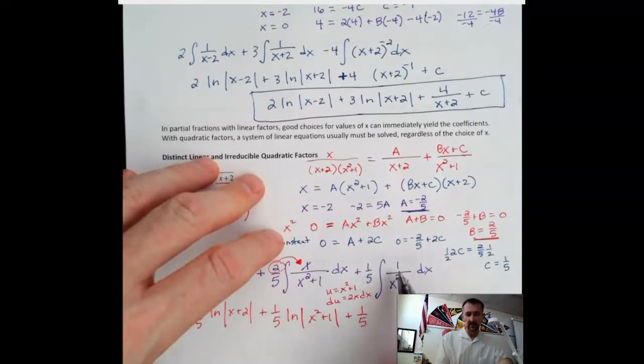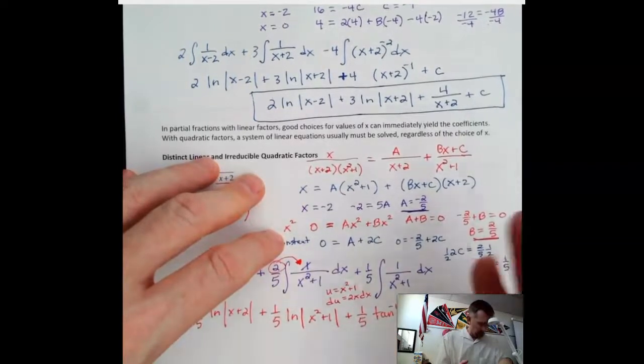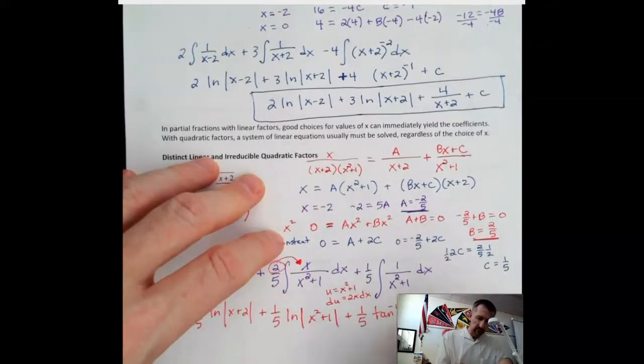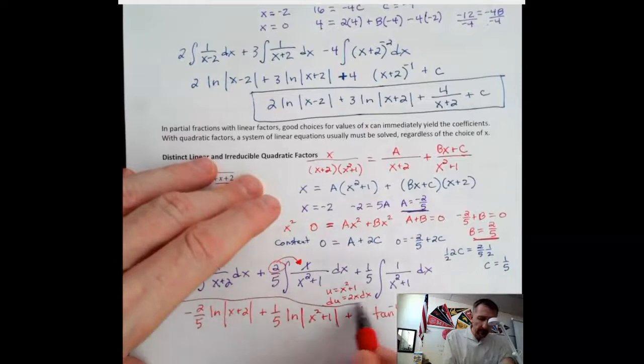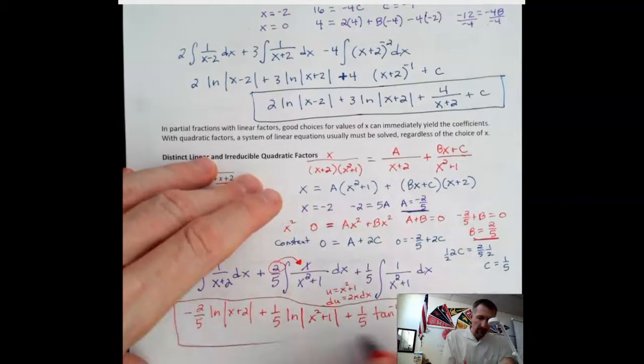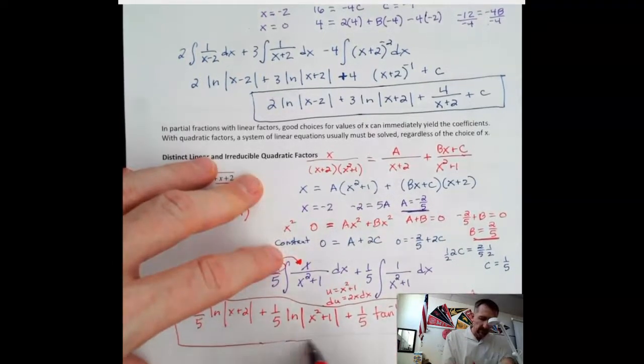Or secant, sorry, inverse secant has the u times the square root of, anyway, this will be the inverse tangent of x, I don't really need parentheses there, plus c. Okay, so there's a couple of different things going on there.